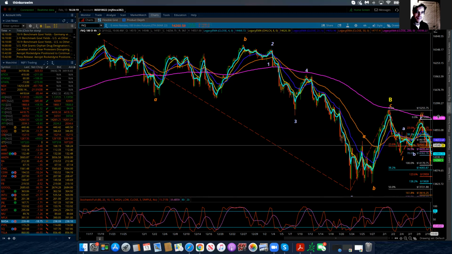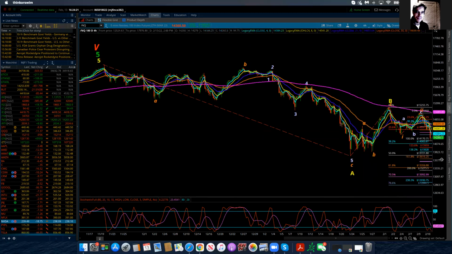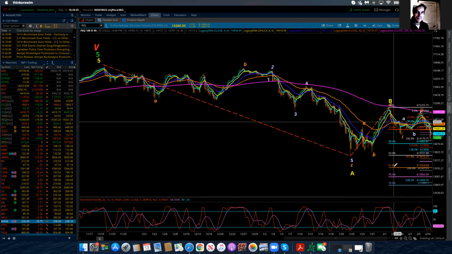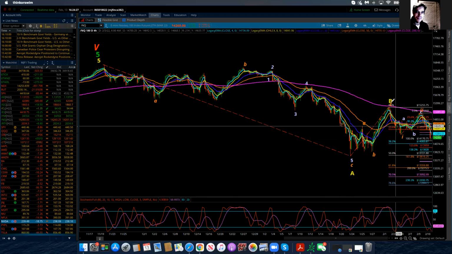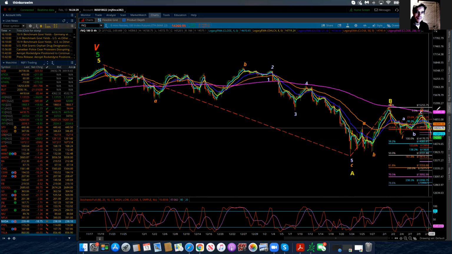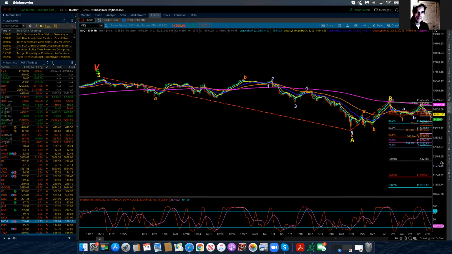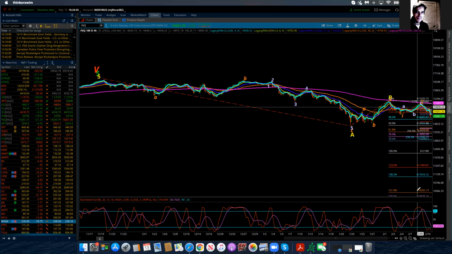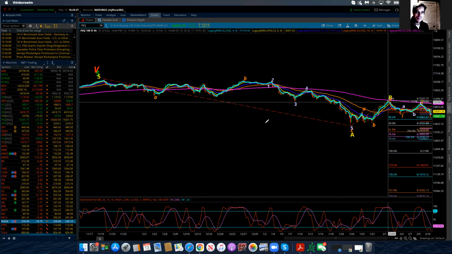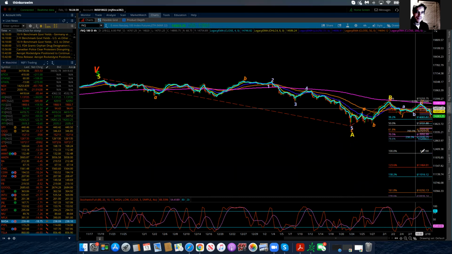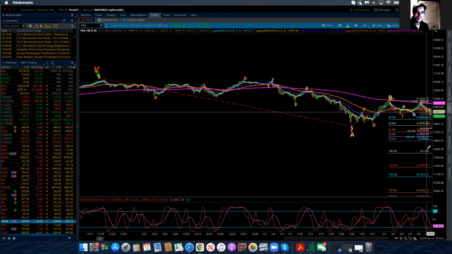The minimum move that I'd be looking for is 13,359, 360. That would be a minimum move for this C wave. The maximum move, we're looking way down. The 100% where wave C would be equal to wave A comes in at 12,188. Those continue to be in play.